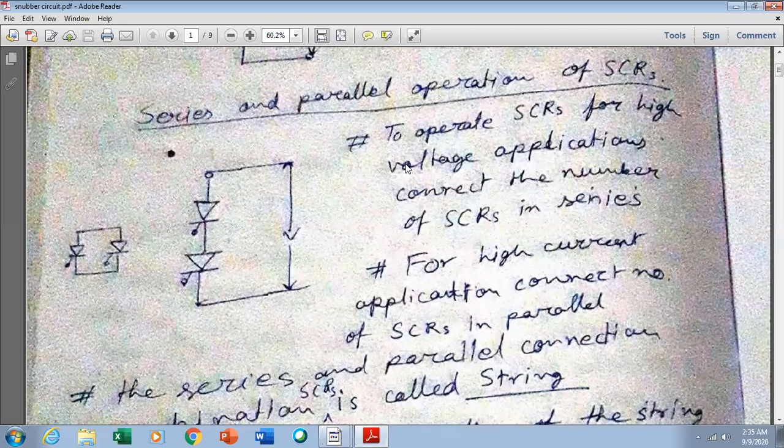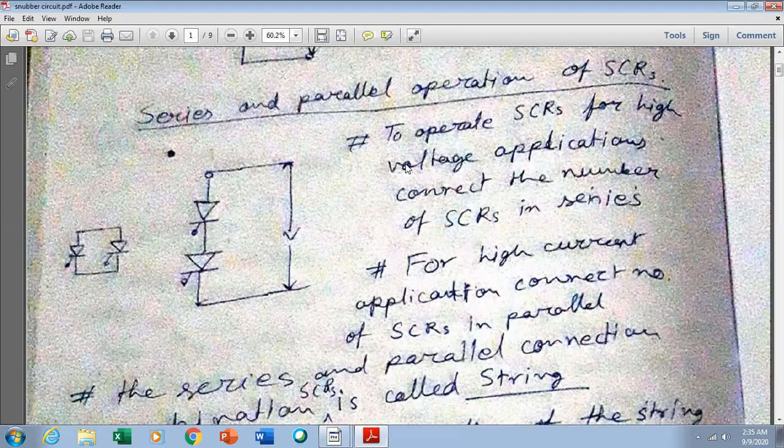Mainly for high current rating, for application of high current, we use the parallel combination of SCRs. For application of high voltages, we use the series combination of SCRs.